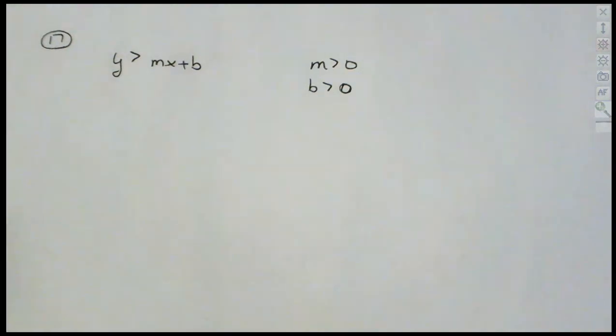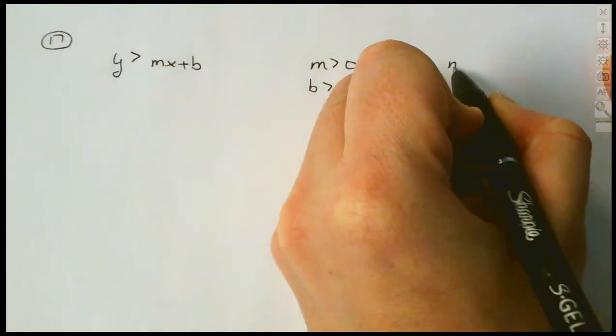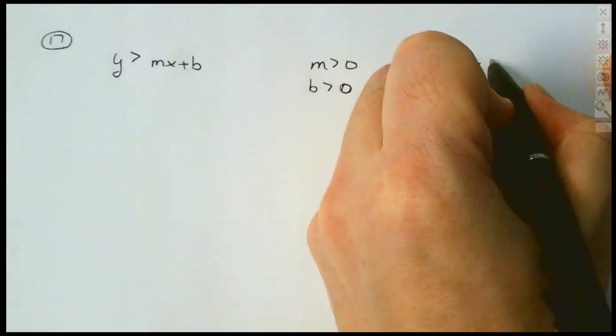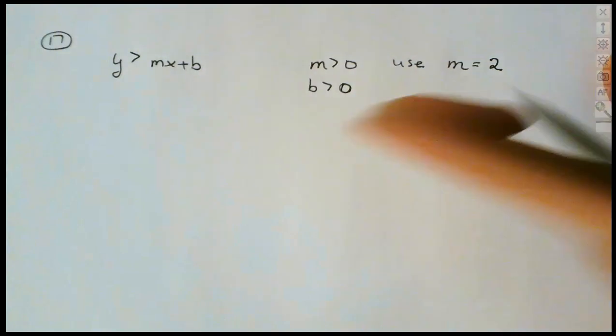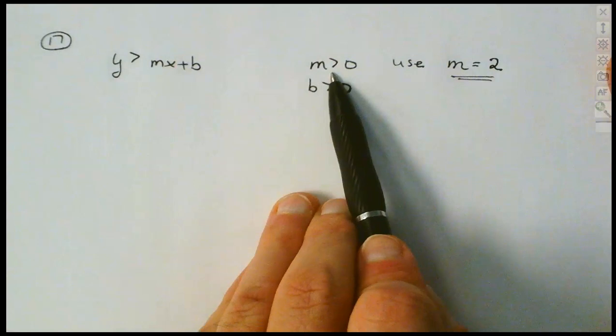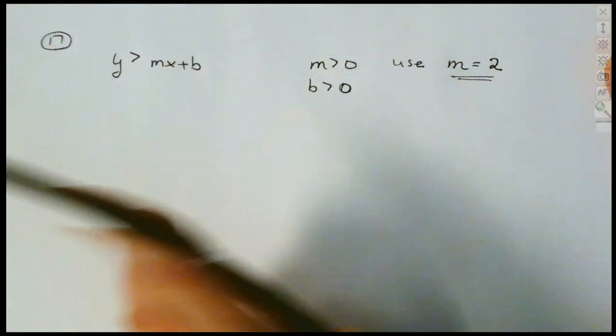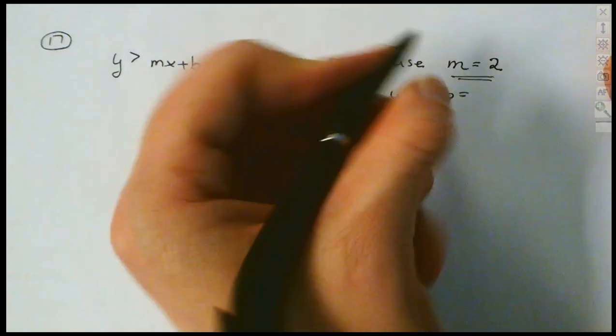What do we know about m? M is greater than 0, so let's use m equals 2. Okay? 2 is greater than 0, right? We want to pick numbers that are going to make it true. So we know m equals 2 will work. Why? Because m's got to be greater than 0, and it is. And let's use b equals 3.